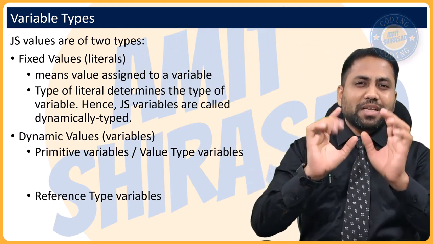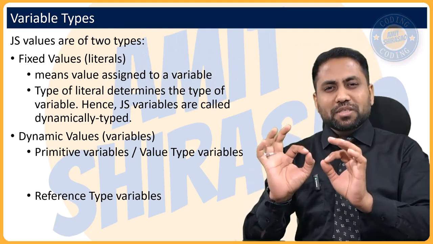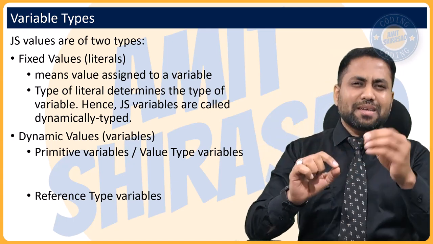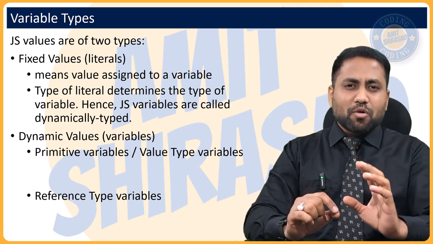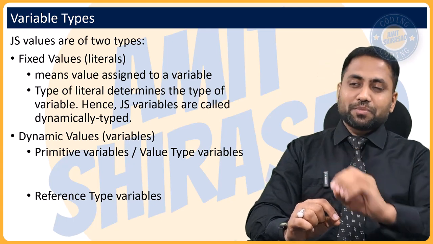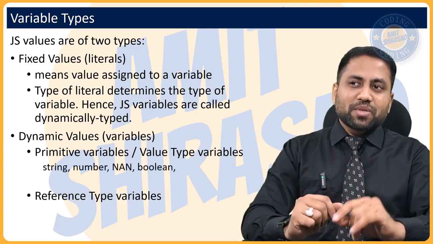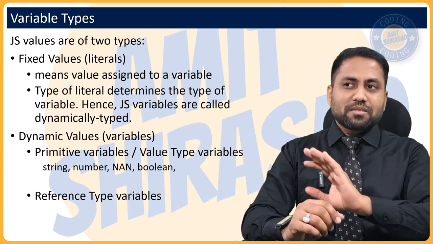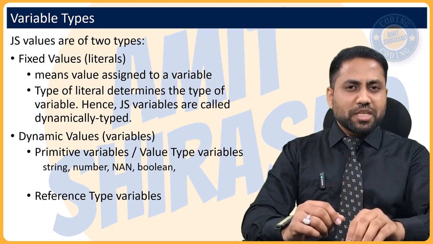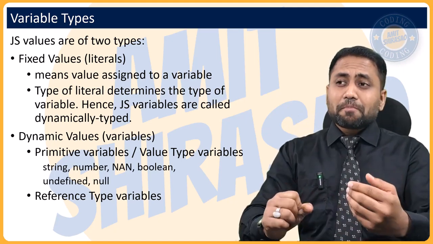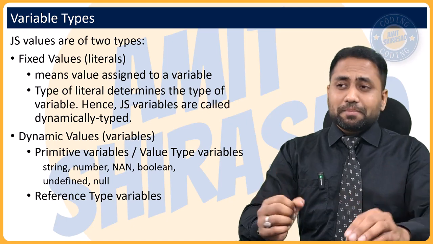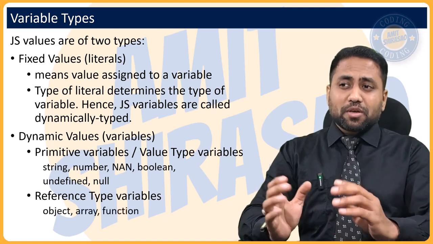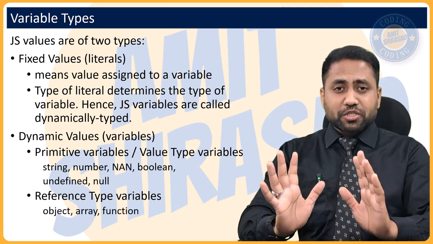Primitive means value type variables. Reference type variables means arrays, functions, objects. Primitive types contain string, number, not a number, boolean, and can also be undefined or null. Reference types can be object, array, or function.